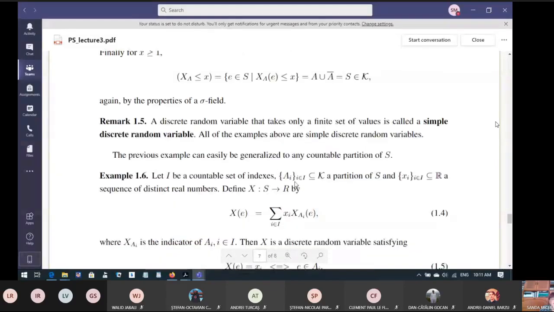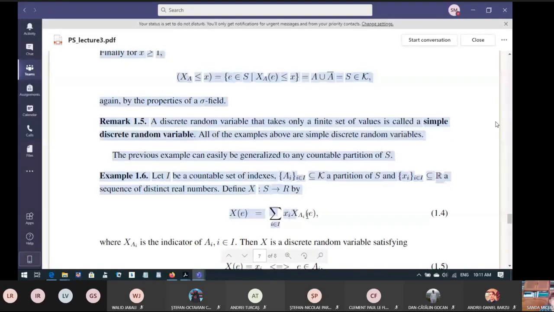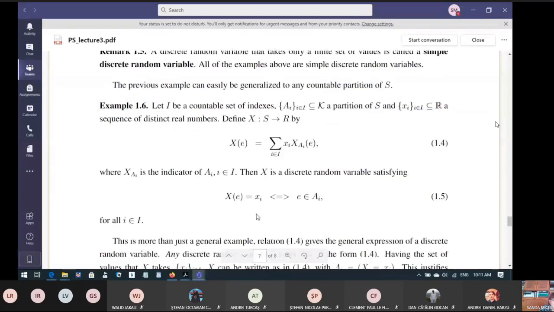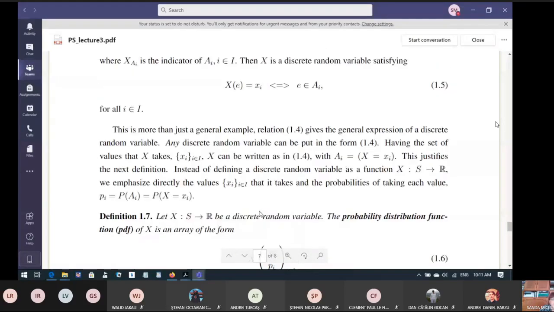We can do that for any partition, right? And we assign a value to the random variable depending on which set of the partition the element belongs to. Remember, being a partition, each element can belong to one and only one such set of the partition. Okay, so if it belongs to an A_i, then it takes the value x_i.